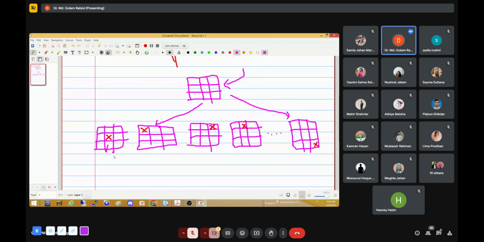Like we have to evaluate this board and then find out the f(n) for that, f(n) for this, f(n) for that, and then f(n) for this board and this board. In this way, we have to find out the evaluation function of each and every board.